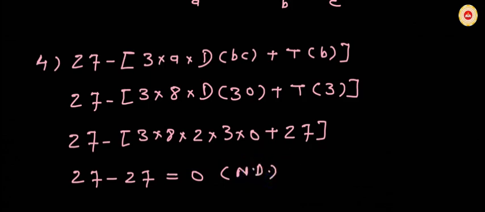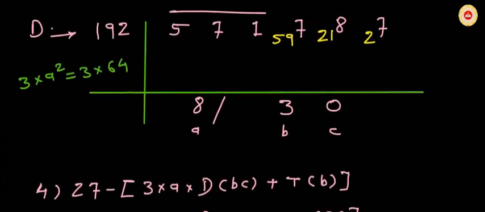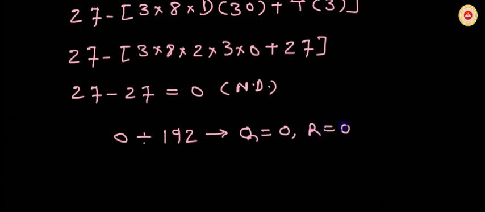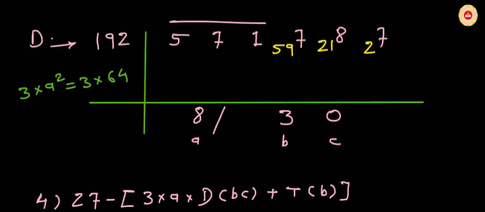So divide net dividend 0 by divisor 192, which gives you quotient, of course 0, and remainder 0. So write quotient 0 and remainder 0.